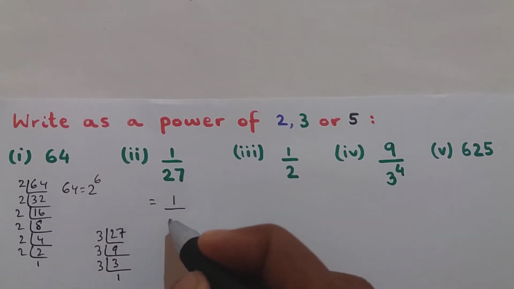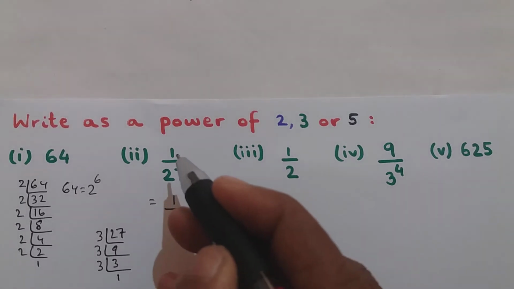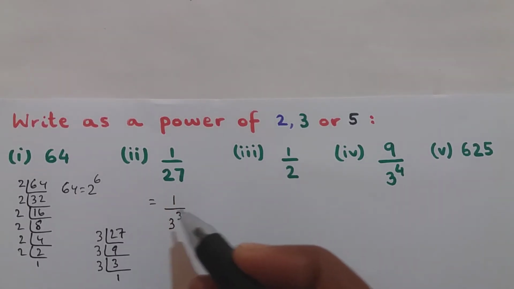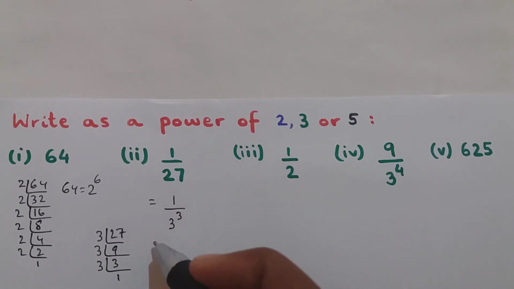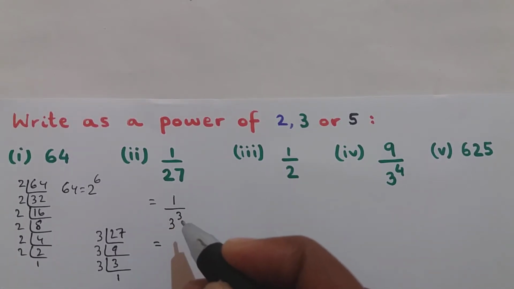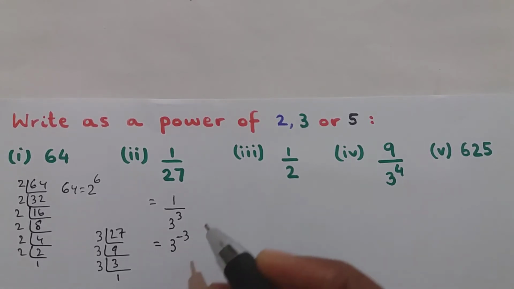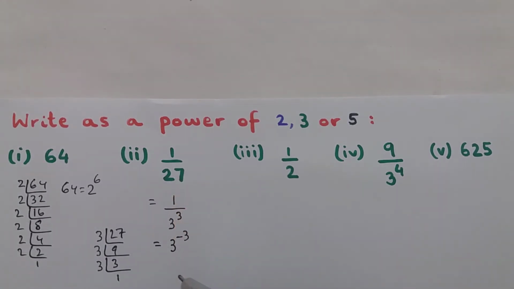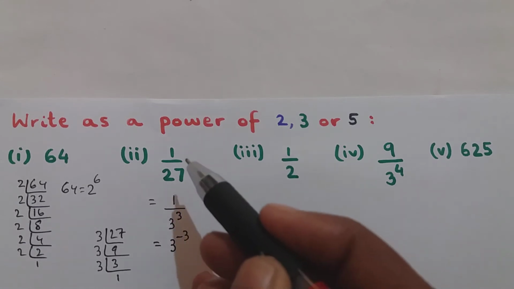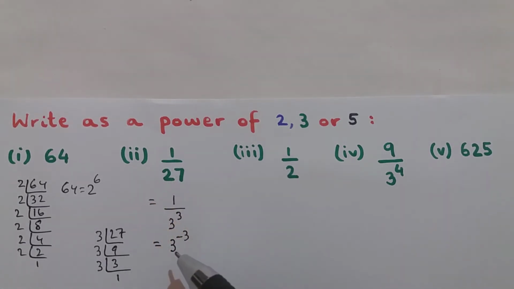So 1 upon 27 I can write as 1 upon 3 cube, and 1 upon 3 cube I can write as 3 raised to the power minus 3. So I have written 1 upon 27 as a power of 3. 1 upon 27 is 3 raised to the power minus 3.